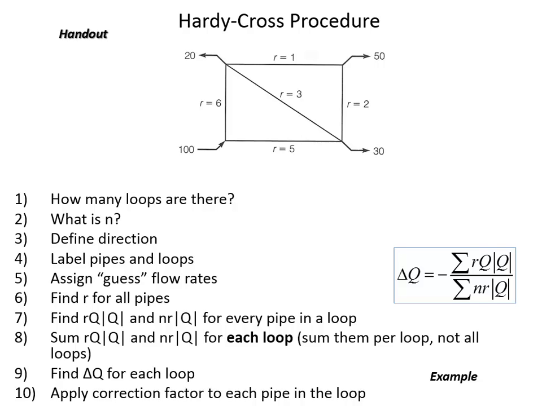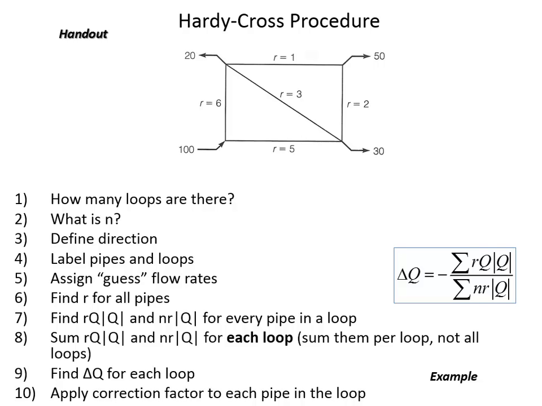Well, in this example, I'm just trying to show you the structure of how the process works. When we do this for real, we're not going to work with R's anymore. We're going to use the actual F value, and the F value won't be fixed. But another indication that you're done and you don't have to keep converging is that the F values aren't changing either. So when the F values are converged and there's no more delta Q from iteration to iteration, then your solution is good. And it should still satisfy continuity at every junction.